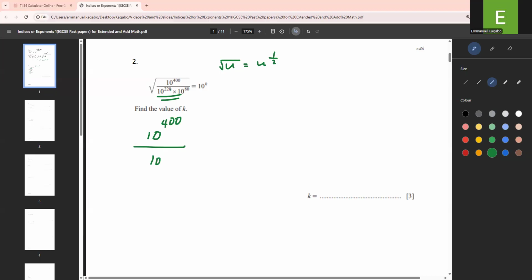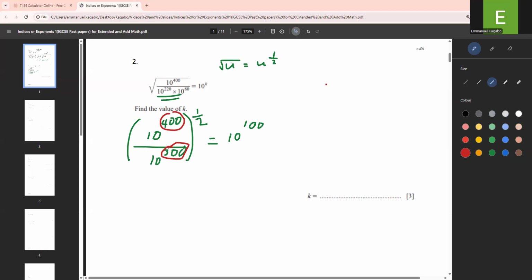So 220 plus 80 gives me 300. All of this power half, which means root. Now, when you are dividing, you subtract the powers. So that is 10 power 100, because I got 400 minus 300, because we are dividing.